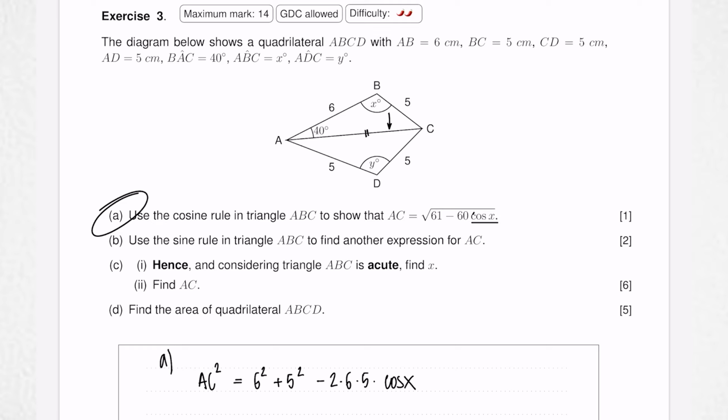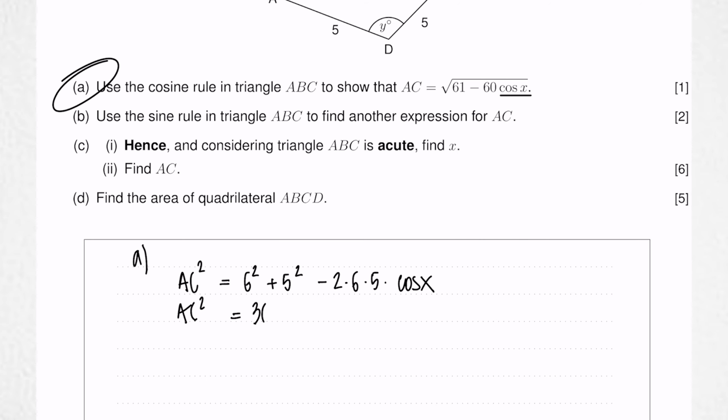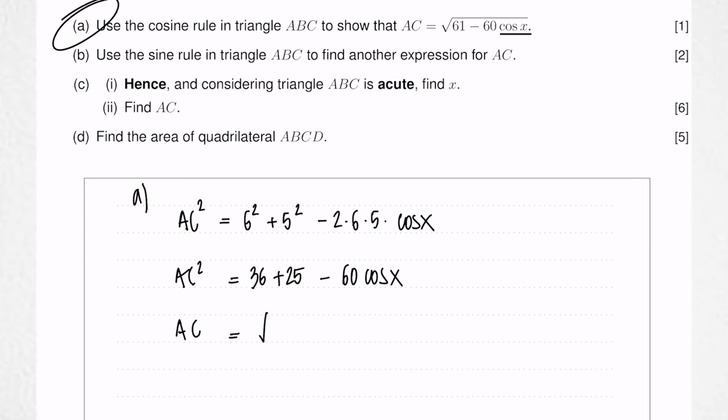And we can see cosine of x over here and over here. So AC squared is 36 plus 25 minus 60 cos x. Therefore, AC, which should be positive, is the root of 61 minus 60 cosine of x. So we did find AC as the root of 61 minus 60 cosine of x.